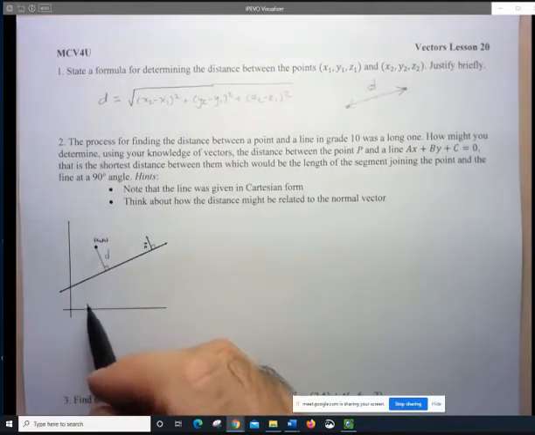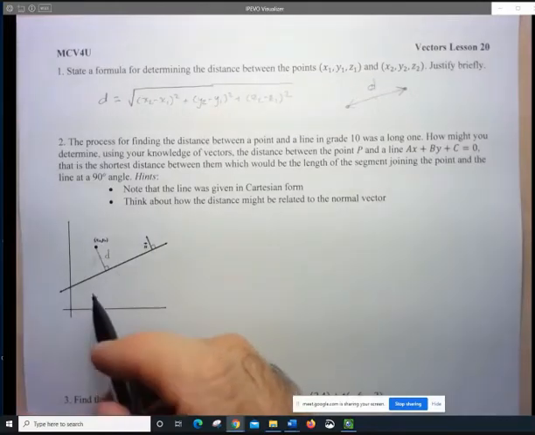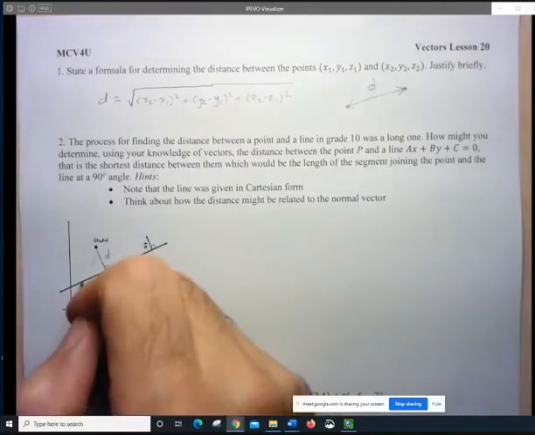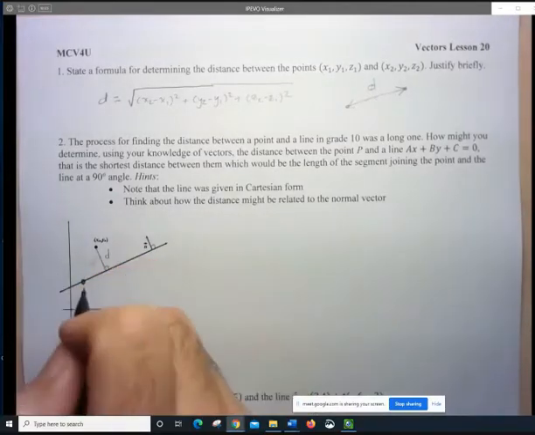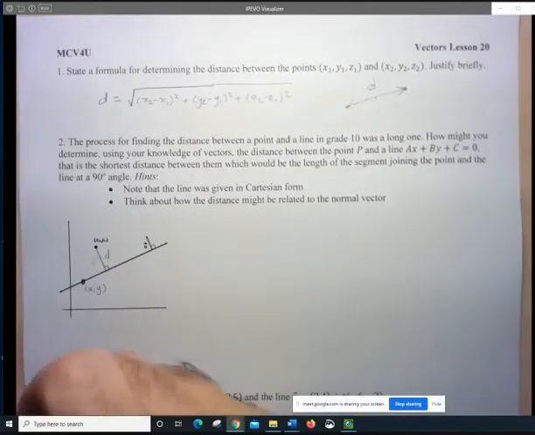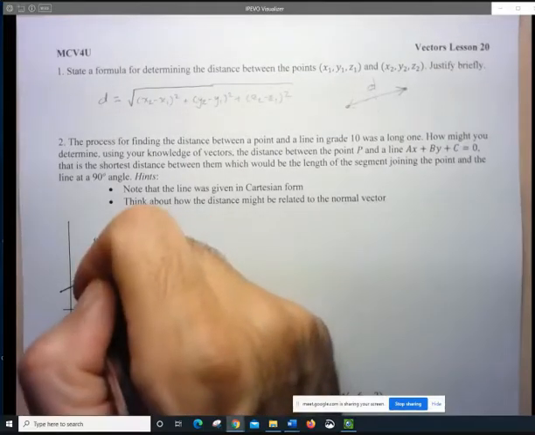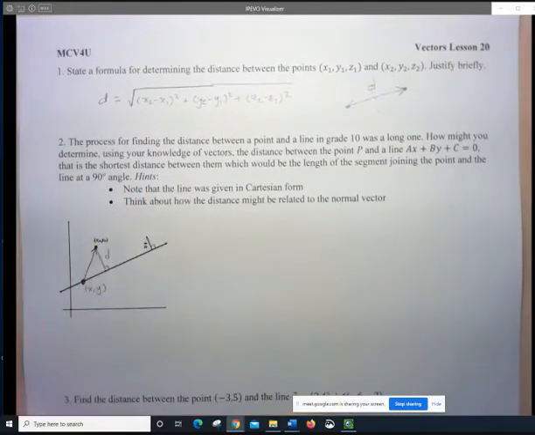So we want to try to project a vector, but the problem is what vector am I going to be projecting? And this is where we're going to use a little trick. We're going to say, well, let me pick any point on the line.